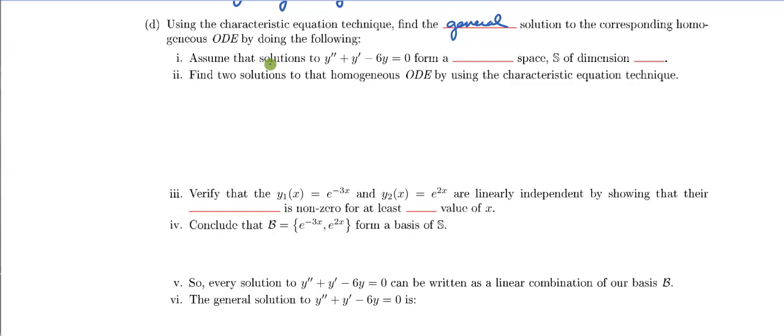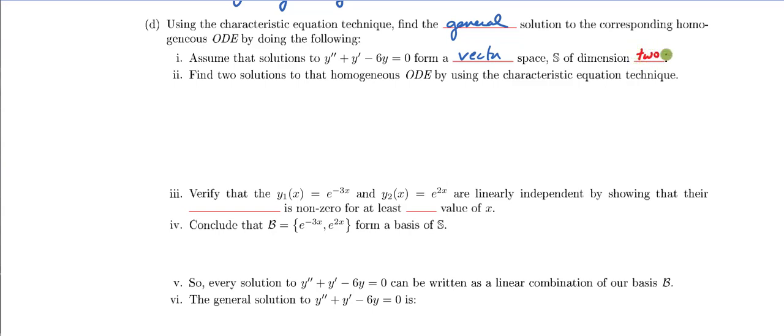You'll go ahead and assume that the solutions to y double prime plus y prime minus 6y equals 0 form a what? They form a vector space. And this is the part that we'll prove in class, although sometimes I will ask you to prove this as well. In this case, a second order homogeneous ODE forms a vector space of dimension 2.